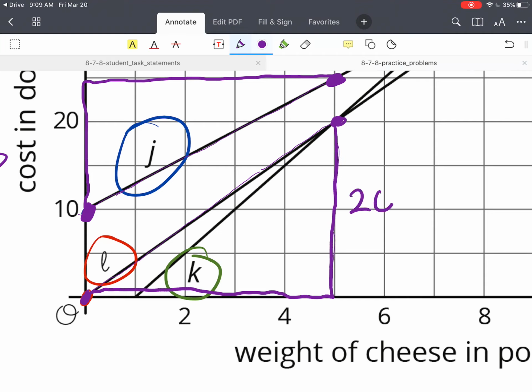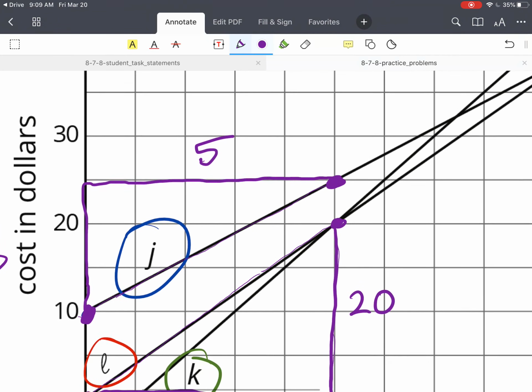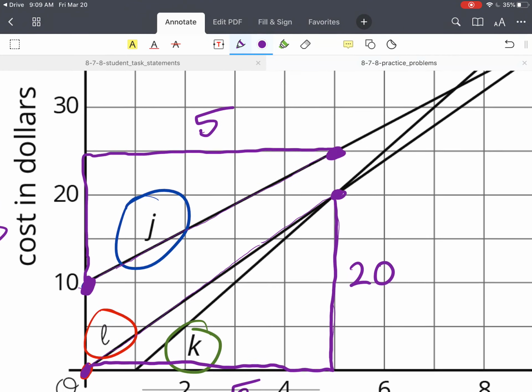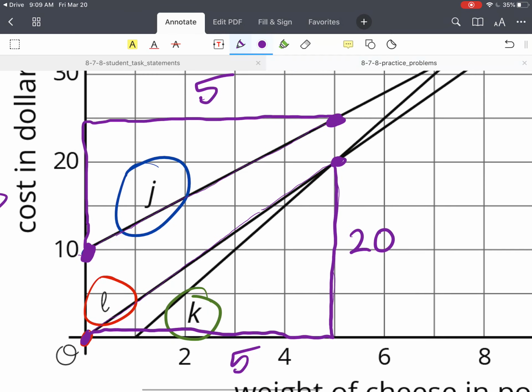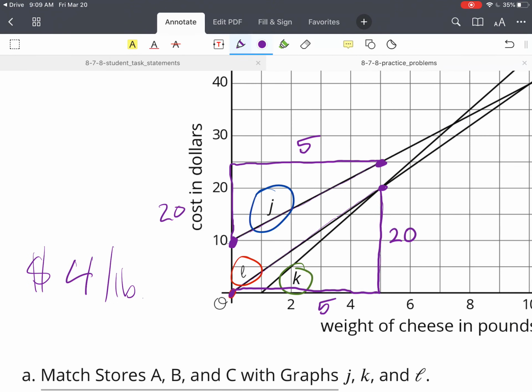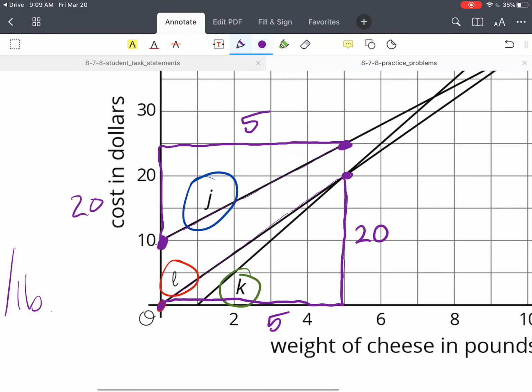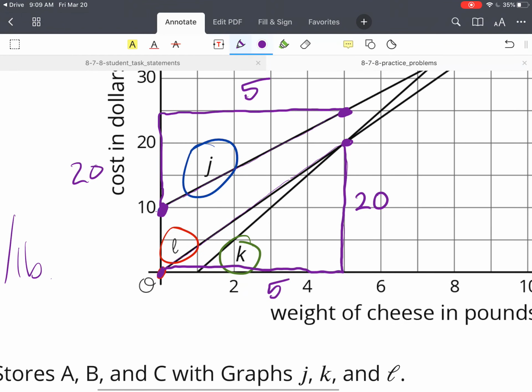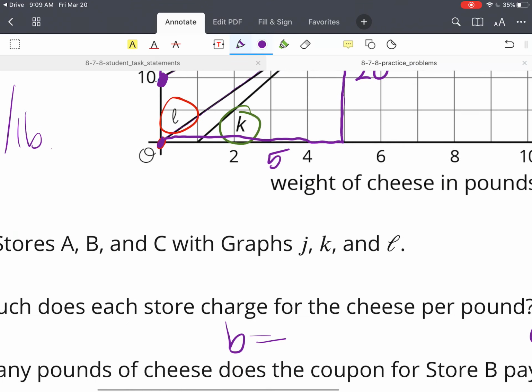So the rise is, let's see, 10, 20, and the run is 5 again. Wait, that doesn't make sense. Oh, okay, I found a mistake. This doesn't count for the mistake if you're trying to get free food from me, because I found the mistake, okay? So, anyways, let's finish off this one and then I'll explain what the mistake is.